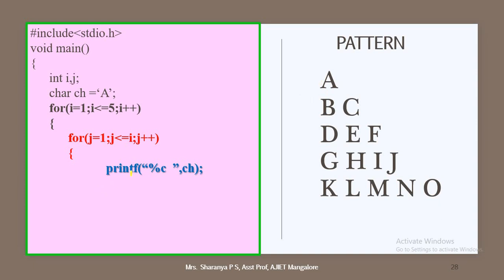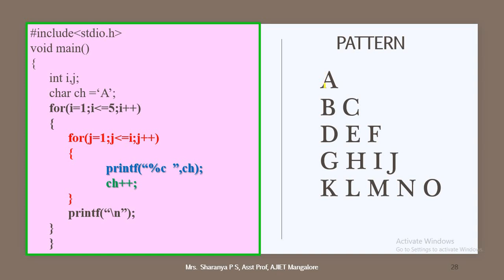And is it necessary to increment? Yes, incrementation is required. Now my next question is: is it necessary to reset the CH value? No, because we are not going to start the next line with A itself. That's why we have not reset this CH value. By just writing this much code, we can run this pattern with continuous increment of each character.